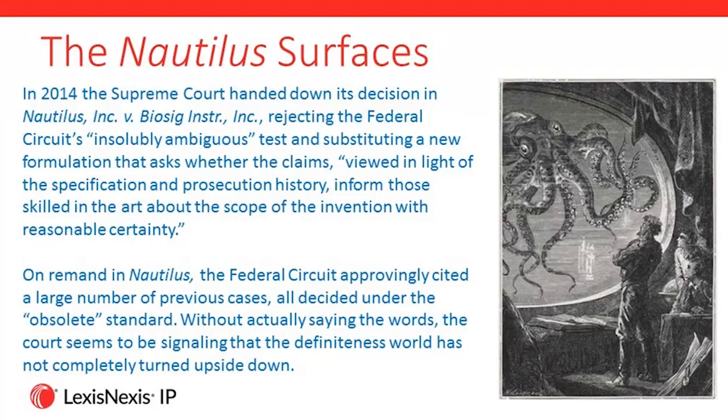Yeah, and they do that a lot. They did that with KSR too, and I don't know how they managed to do that, because KSR totally changed everything. I mean, before KSR, obvious to try was simply not an acceptable rationale to reject, and yet case after case you read in obviousness, and the Federal Circuit says, oh, our old obviousness cases are completely fine.